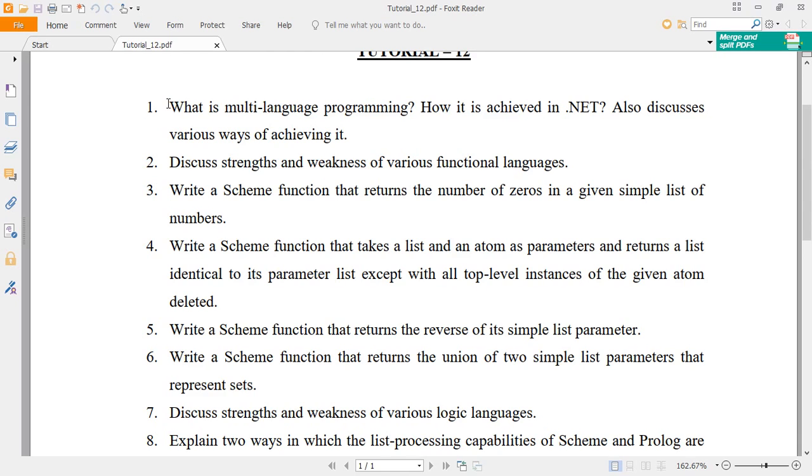To answer this question, you are recommended to go through the lecture slides, and I hope the fifth or sixth slide consists of this comparison of strengths and weaknesses of these functional languages, or you go individually through each and every slide and find out the strengths and weaknesses of these functional languages.